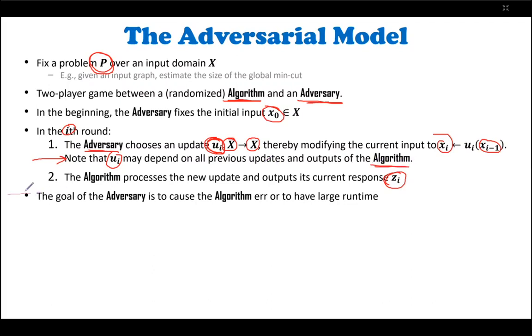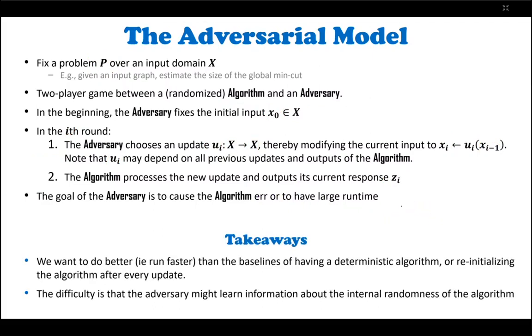The goal of the adversary in this game is either to cause the algorithm to fail or to have large runtime. Okay, so that's fine. And there are two naive strategies you can apply here in order to construct an algorithm that satisfies this definition.